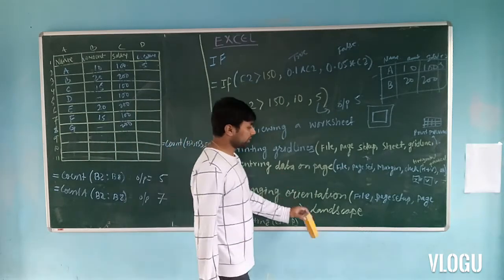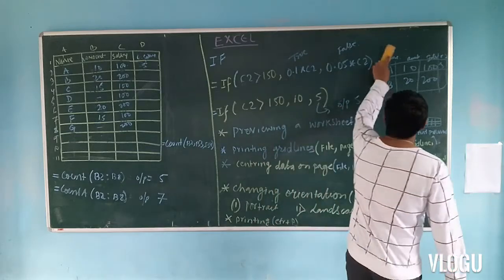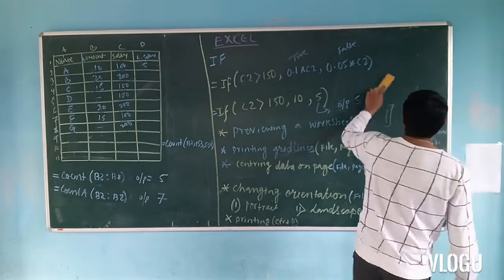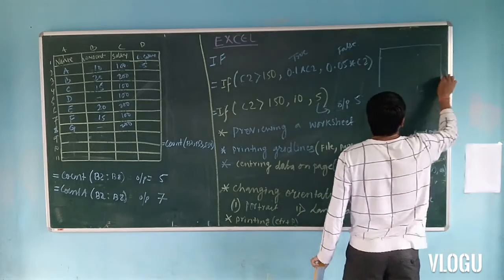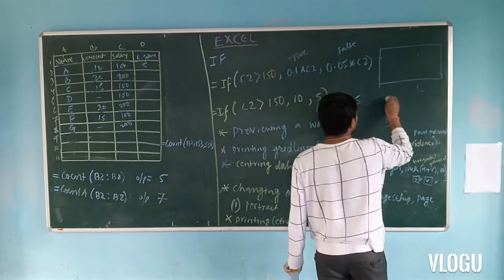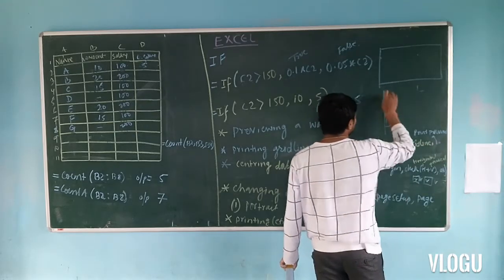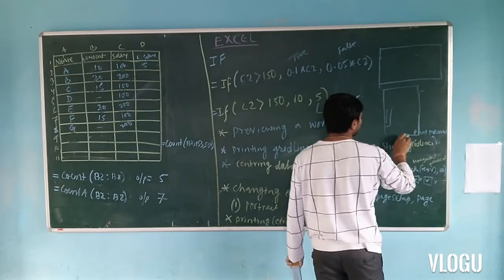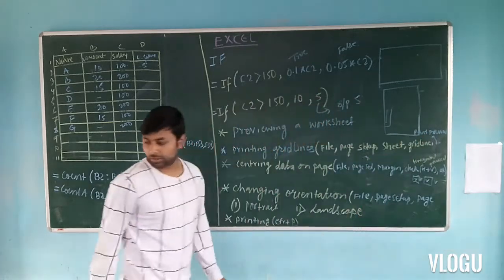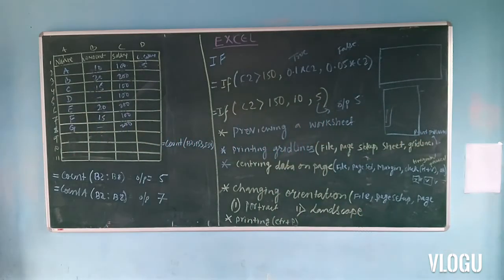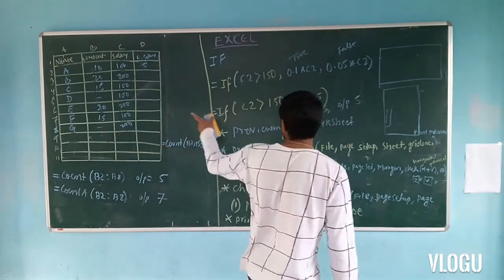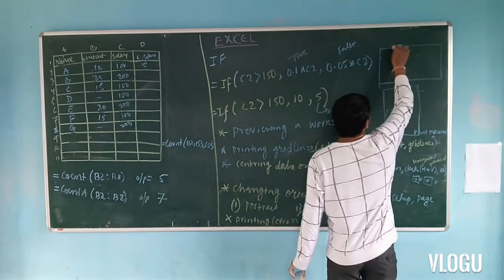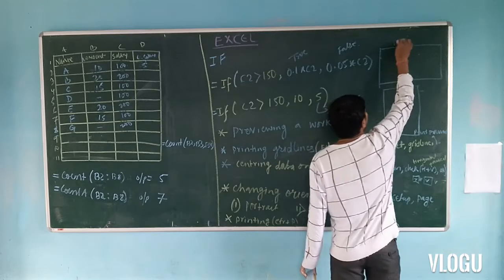Now see, changing orientation. Orientation means, suppose I have an Excel sheet this way. This is one page. Suppose I want to set our data on this top.